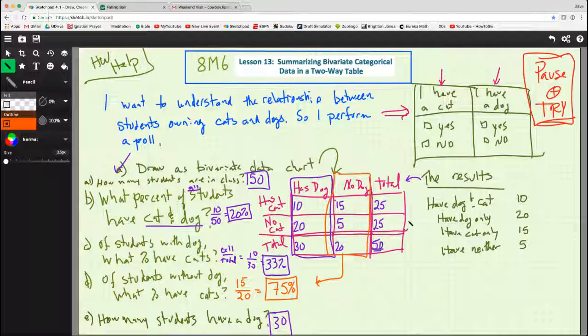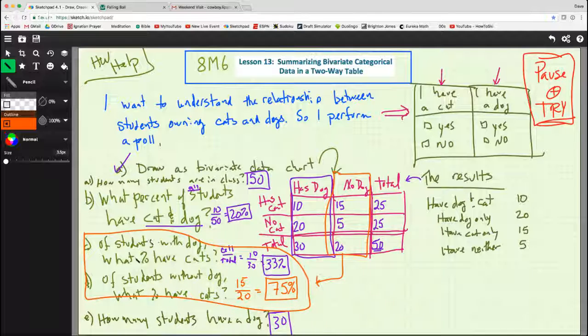So the question is, does having a dog correlate to having a cat? You can think about the answer in terms of C and D. If we have a dog, are we likely to have a cat? And if we don't have a dog, are we likely to have a cat?